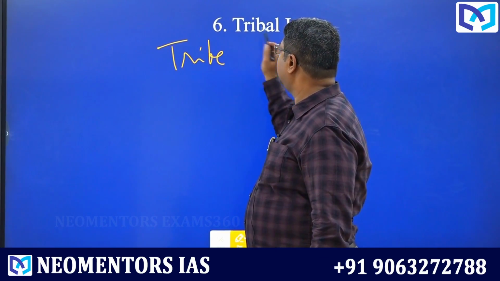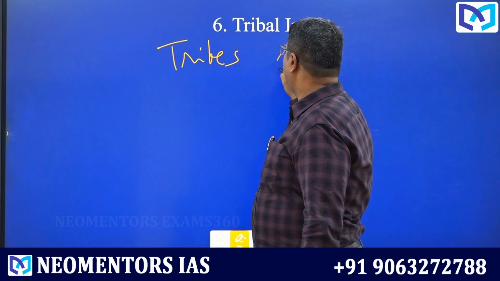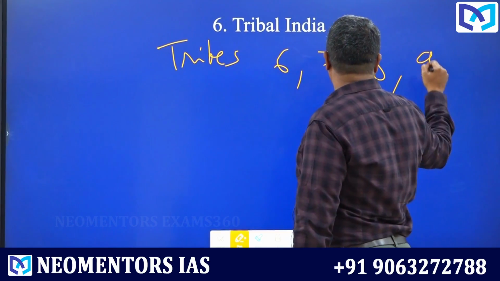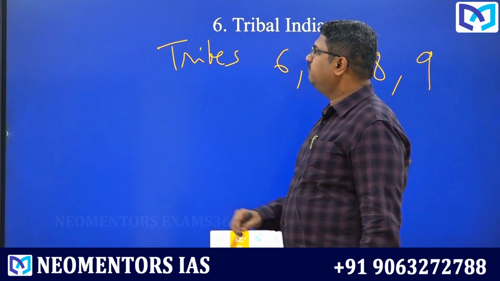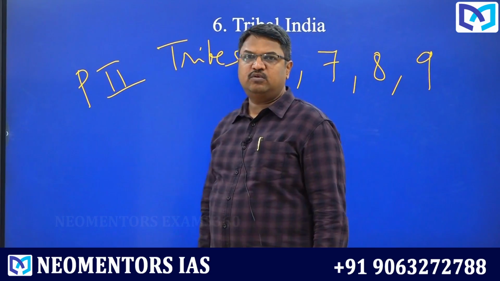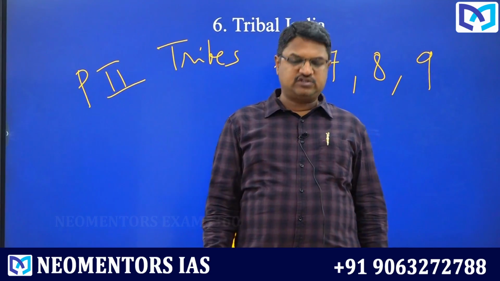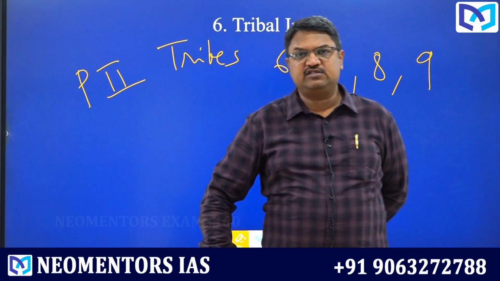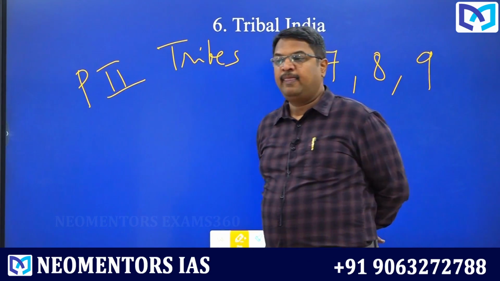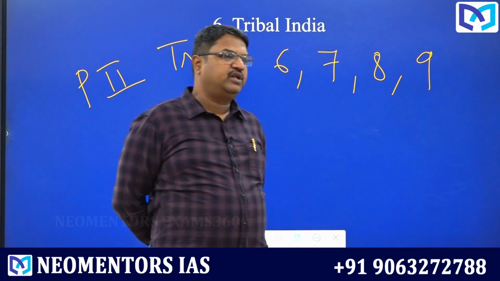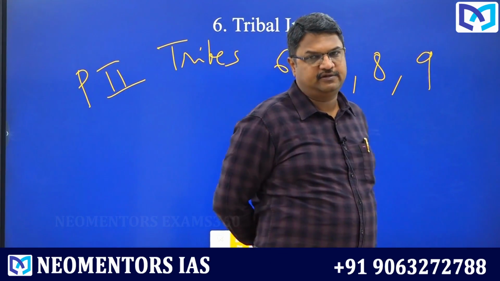And from chapter 6 onwards, chapters 6, 7, 8 and culminating in chapter 5 of paper 2, we'll be dealing with the Indian tribes and how they are unique in their own world, what their features are, what their problems are, what government schemes are devised to reduce their problems and alleviate their socio-economic backwardness, and so many other related ideas.